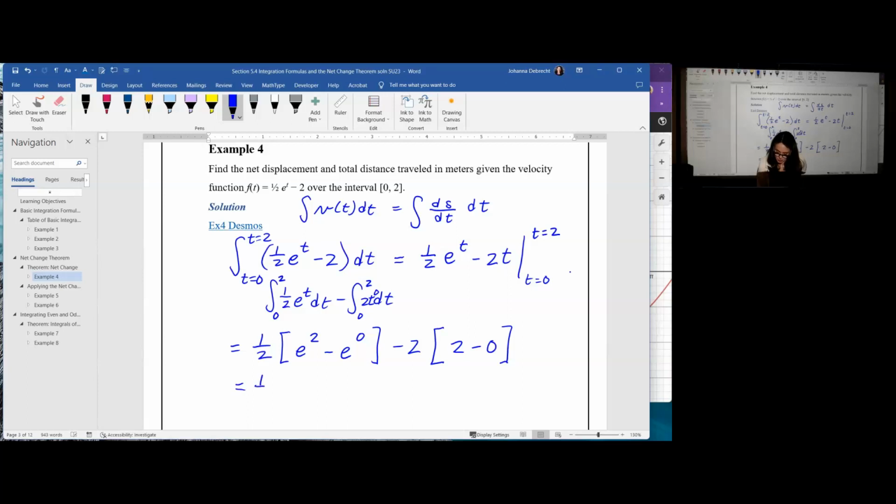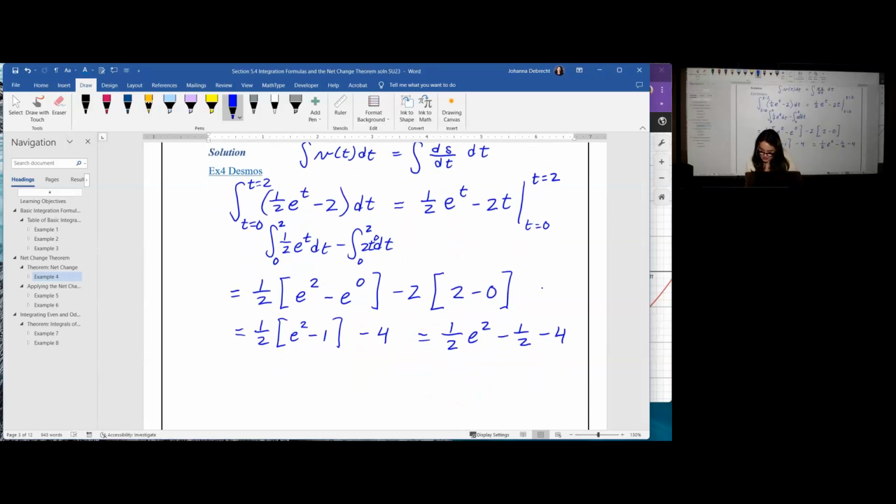So this gives me 1/2 times the quantity e squared minus 1. And then I have over here -4. I could go ahead and multiply everything out so that I can combine the constant terms. This would give me 1/2 e squared minus 1/2 minus 4. And since 4 is 8/2, this would give me 1/2 e squared minus 9/2.